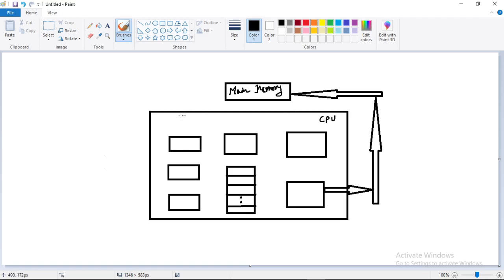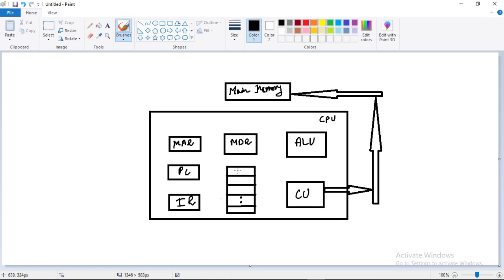For today, the entire thing is known as CPU. Here we have ALU, and here we have the control unit. Here we have MDR, write down MDR. Here we have MAR. Here we have the program counter. Here we have IR.